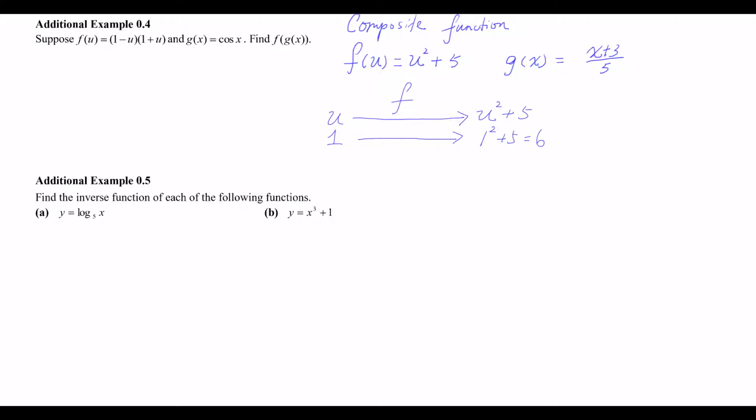And this is the result, and I can give it a name. This result is also a variable because it depends on the independent variable.